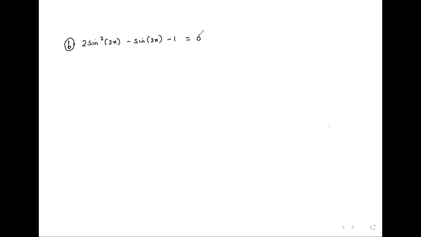The issue here is, this is like a quadratic. So I want to let y be equal to sine 3x, so that we deal with 2y squared minus y minus 1 is equal to 0.